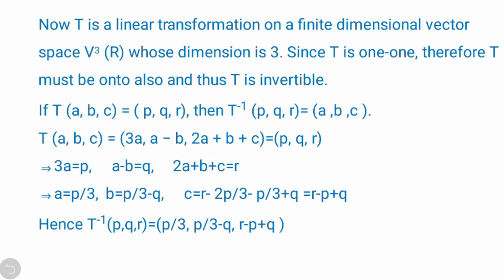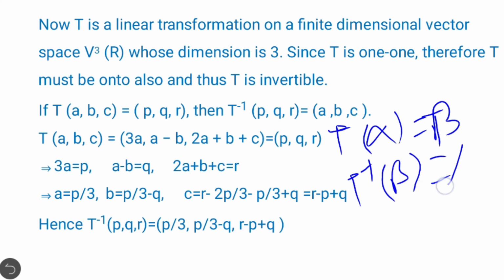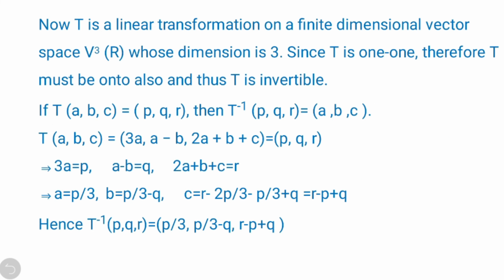Now next we have to find the value of T inverse. If T alpha equals beta, then T inverse beta equals alpha. If T(a, b, c) equals (p, q, r), that simply means T inverse (p, q, r) is (a, b, c). From the initial given mapping, T(a, b, c) equals (3a, a minus b, 2a plus b plus c), which equals (p, q, r). From these two conditions, we have to find the values of a, b and c.